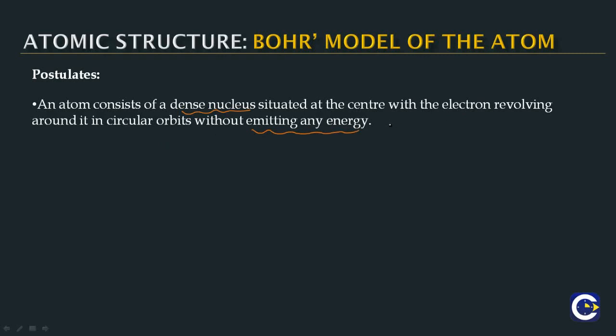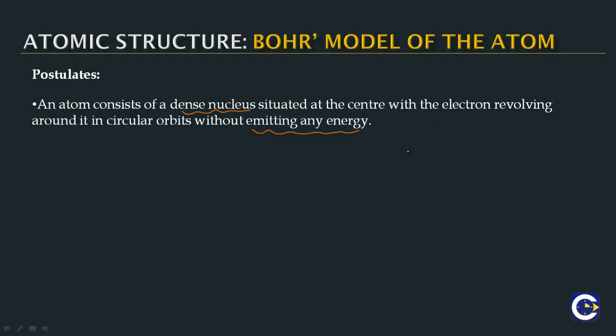Now one of the drawbacks of Rutherford's model is that when we try to apply the laws of EM waves, Maxwell's theory of electromagnetic waves, to the electron, then we see that the electron must be emitting energy and should lose velocity and spiral down into the nucleus.